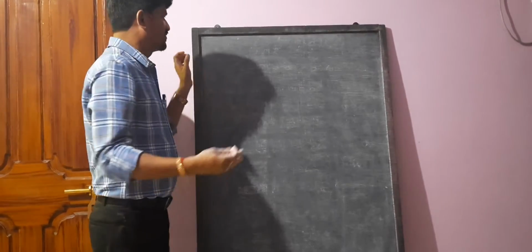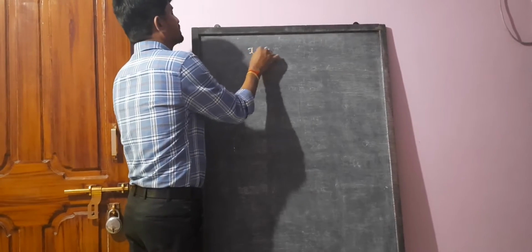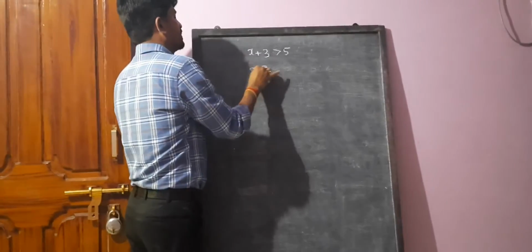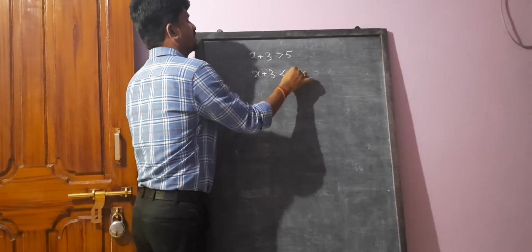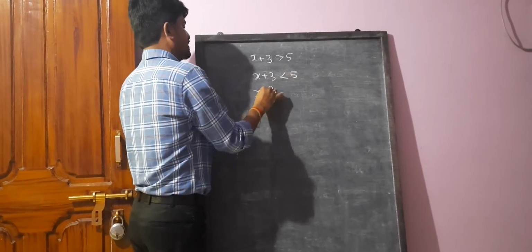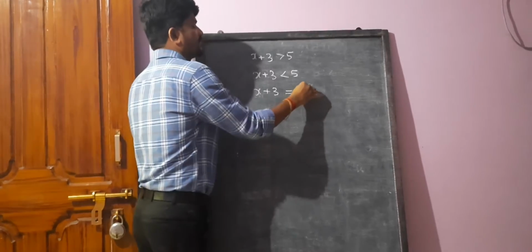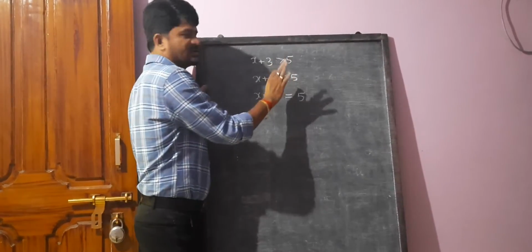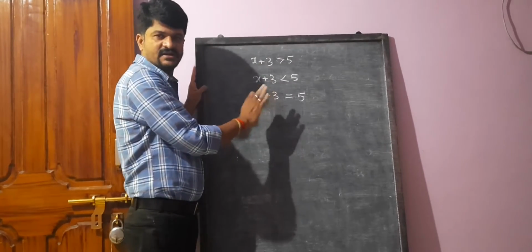Now, open sentences: x plus 3 greater than 5, x plus 3 less than 5, x plus 3 is equal to 5. Children, have you observed this? Only the symbols are different, the remaining terms are similar.